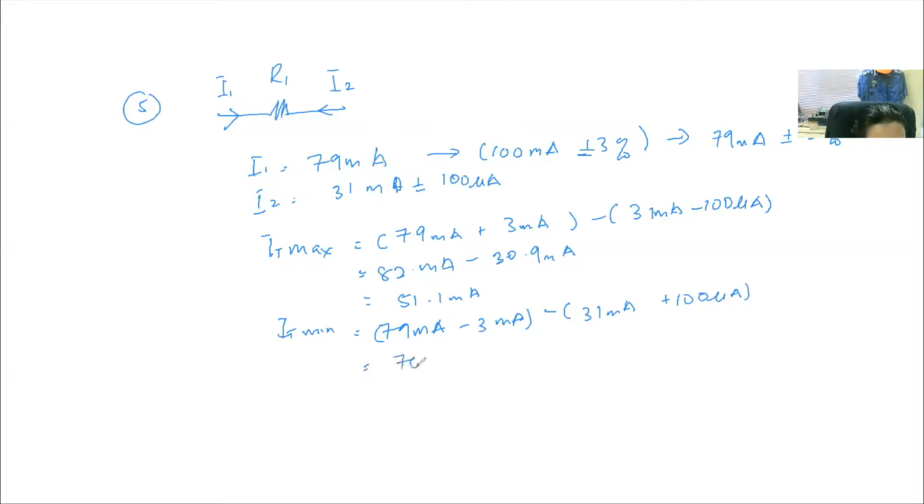So 76 milliampere minus 31.1 milliampere. The answer will be 44.9 milliampere. So that's the range. This is the max current, and this is the minimum. All right, so this is for question number 5.